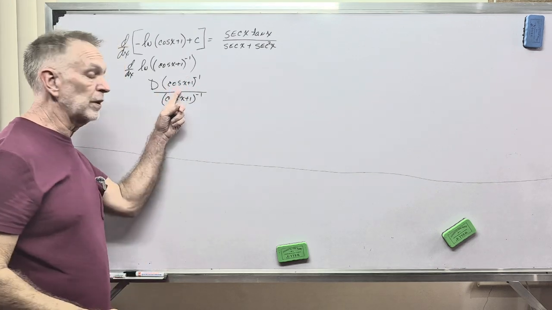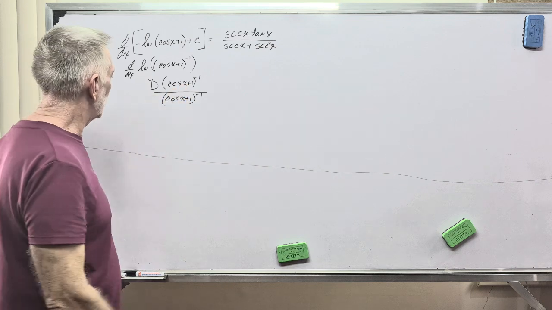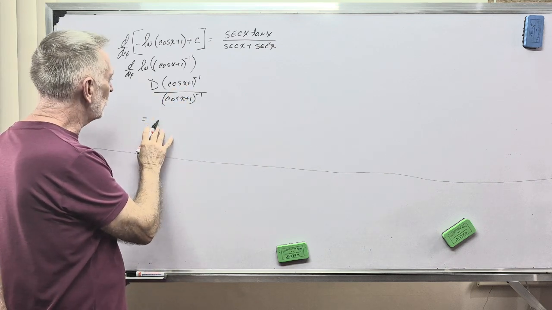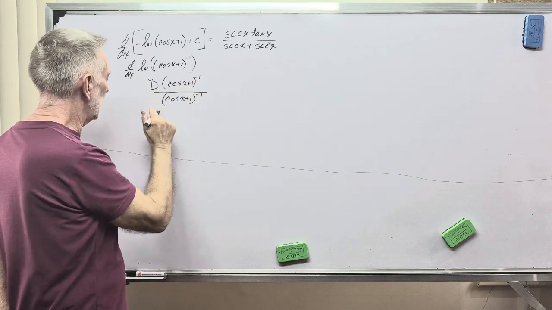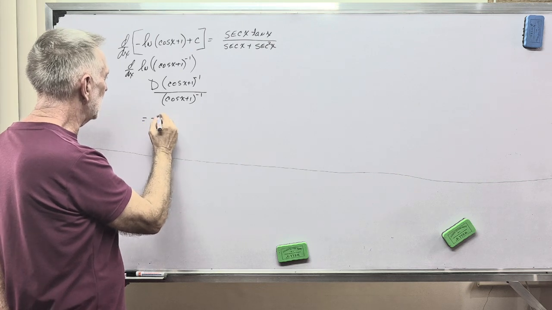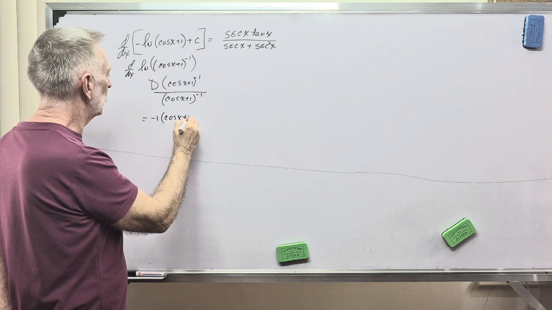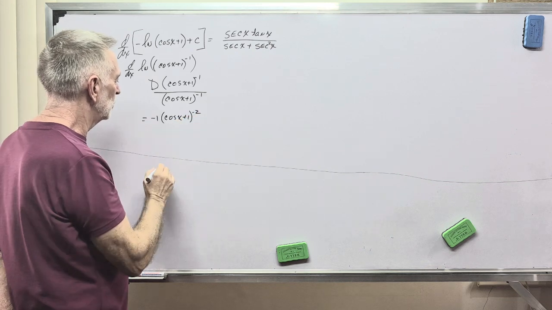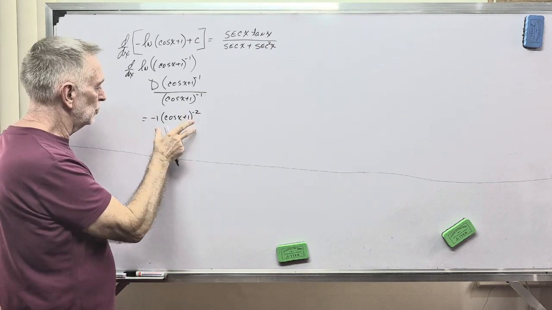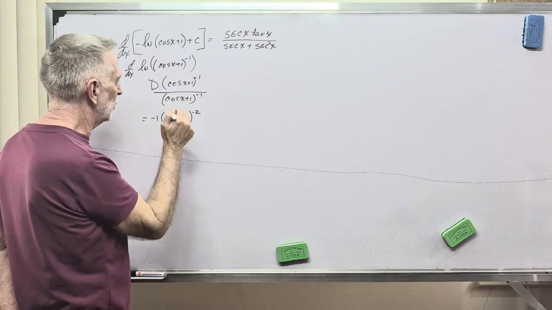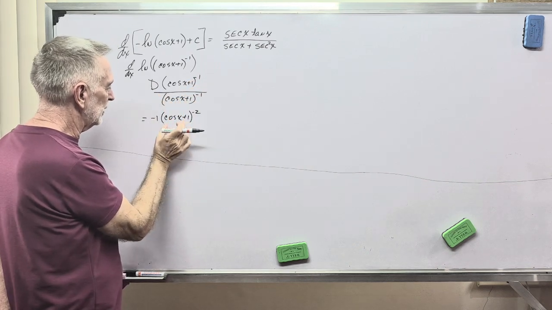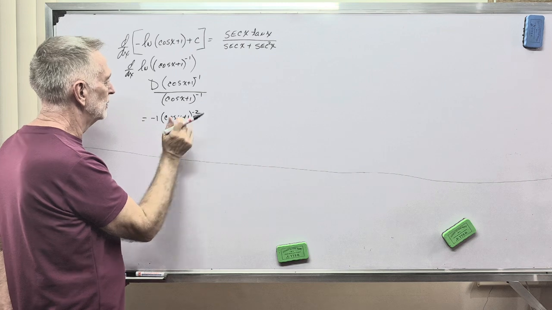So let's take the derivative of this numerator. That would equal, bring the negative down, negative 1 times cosine x plus 1 to the negative 2. Remember the chain rule. So that was my outside function. Now I've got to take the derivative of the inside.